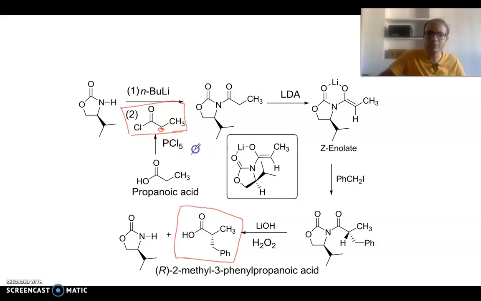Then you can probably treat it with benzyl iodide and it will undergo a nucleophilic substitution reaction leading to the formation of this particular moiety, and then this acid chloride can be converted easily to carboxylic acid just by hydrolysis. Okay, but here what you have to remember is once you generate a carbanion here, both the enantiomers are possible.